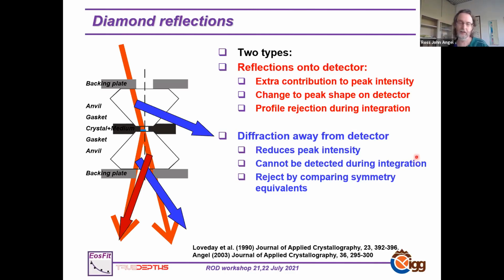You can't detect these during integration, and you need to reject them when you compare the intensities of symmetry equivalent reflections. So that's done at the averaging step.